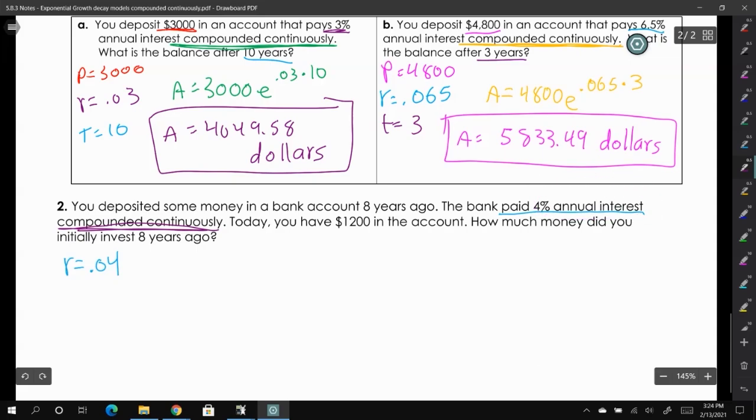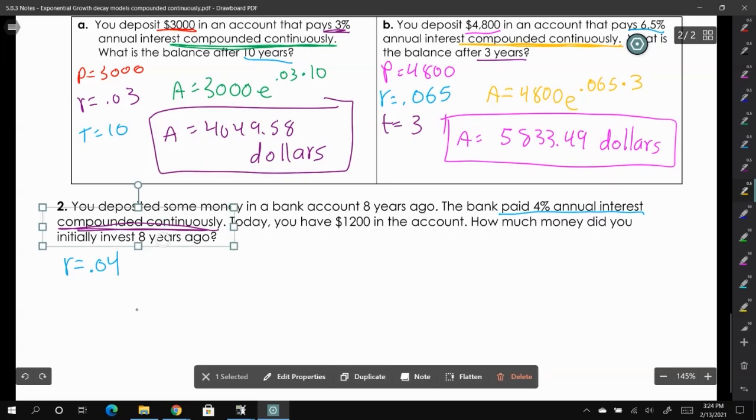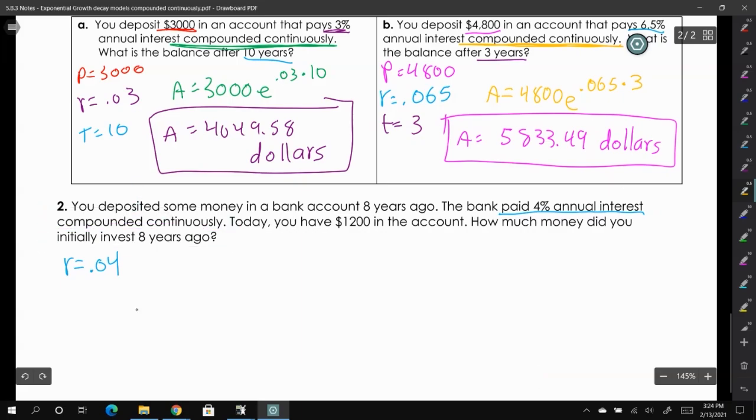You have to look for the word compounded. This is compounded continuously. So that means we're going to be using the same formula. Today, you have $1,200 in the account. So P equals 1,200. How much money did you invest 8 years ago? So that means T is equal to -8.